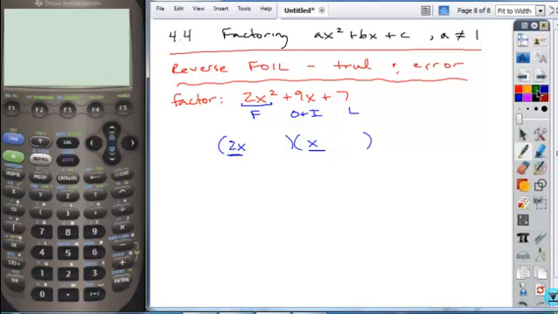And now, when we look at the last term of your factors here, we see that the last terms have to have a product that's equal to 7. Okay, so the product is positive, which means both signs have to be the same. They're either both positive or both negative. That and the outer and inner sum of the products has to be a positive number.